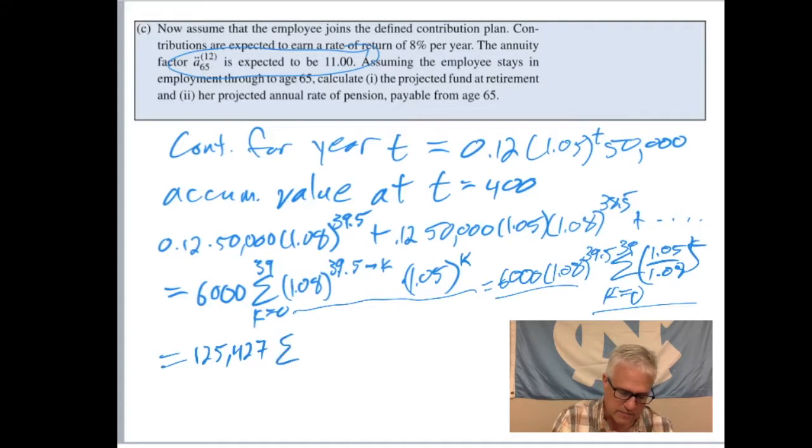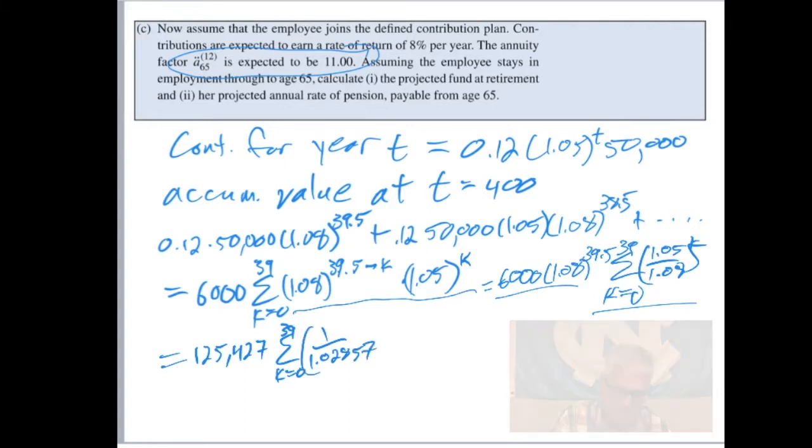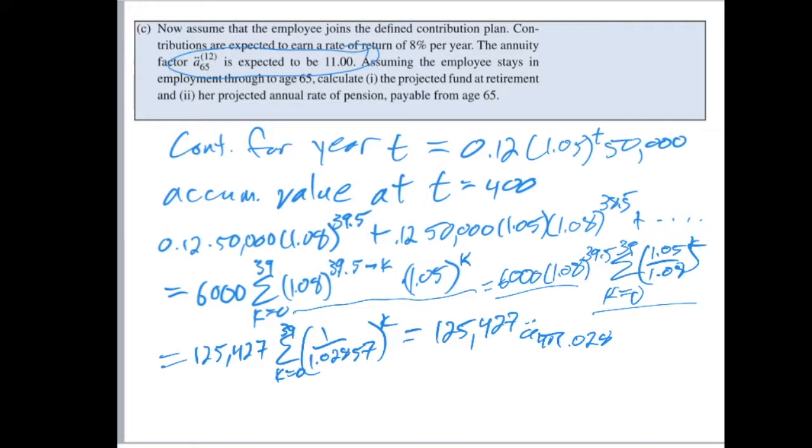Okay, times the sum as k goes from 0 to 39 of 1 over 1.02857 to the k. And that's just 125,427 times an annuity certain lasting 40 years at this interest rate, 0.02857.